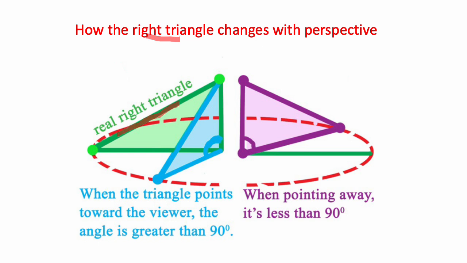This green one is a real right triangle because it has true horizontal and vertical lines, so this is a true right angle. The blue one, with its tip on this ellipse, has a wide right angle in perspective, whereas the purple one that points away from us, still with its tip on this ellipse, has a much smaller right angle.